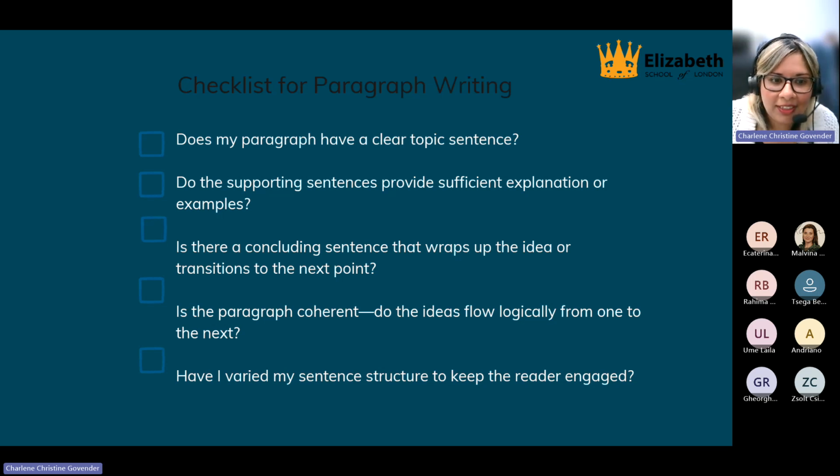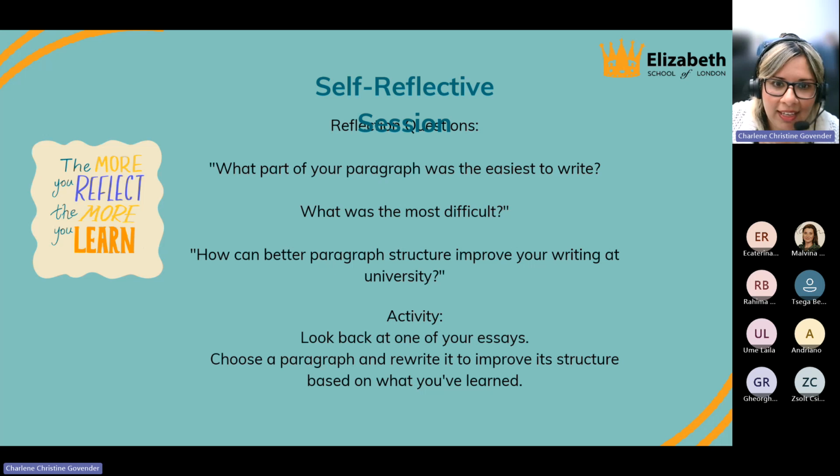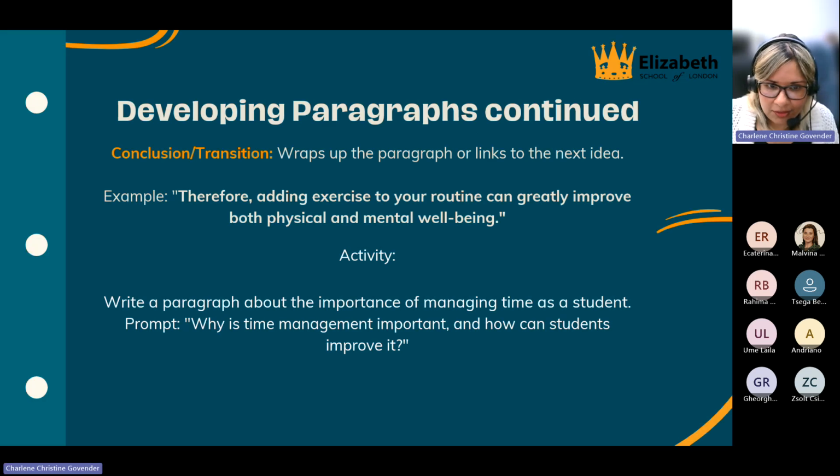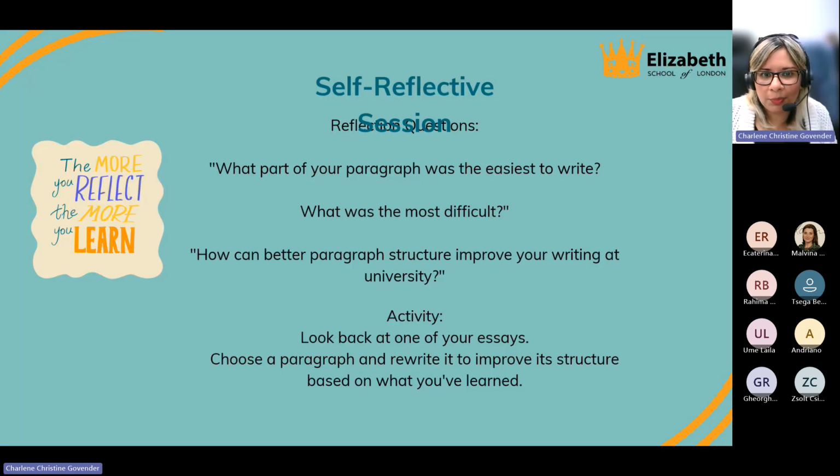So I'm going to go into the next slide. Sorry, I'm not sure why it's saved this way, but those are the reflective questions there. When you are done with your paragraph on time management, have a think about that. What part of your paragraph was easiest to write? For me, the most difficult is still the topic sentence, because there's so much information I want to say.